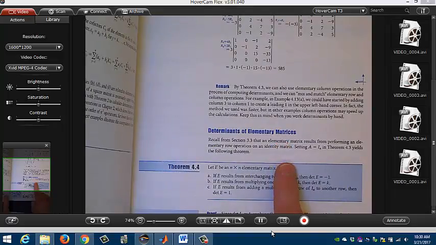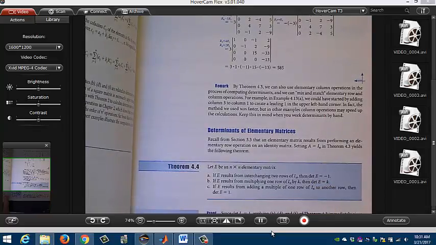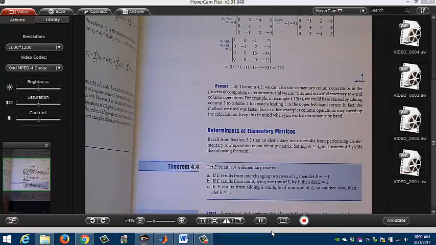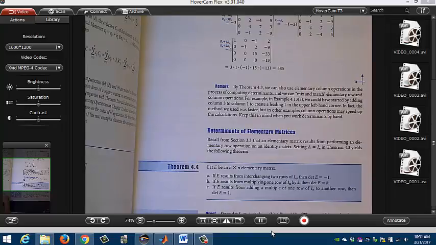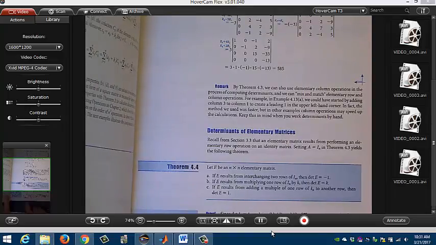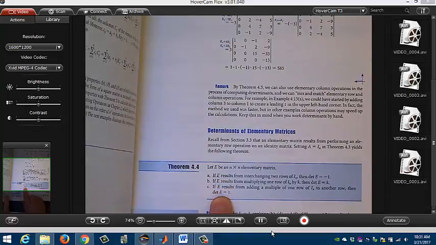Because really what you're learning when you learn about these determinants is, when you apply row operations to a matrix, does the determinant change or stay the same, right? Well, unfortunately, it changes.